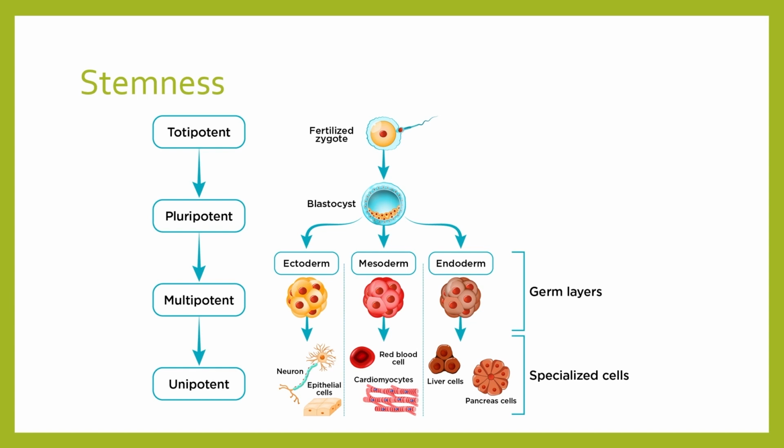Stemness is defined as the ability of a cell to perpetuate its lineage, to give rise to differentiated cells, and to interact with its environment to maintain a balance between quiescence, proliferation, and regeneration.